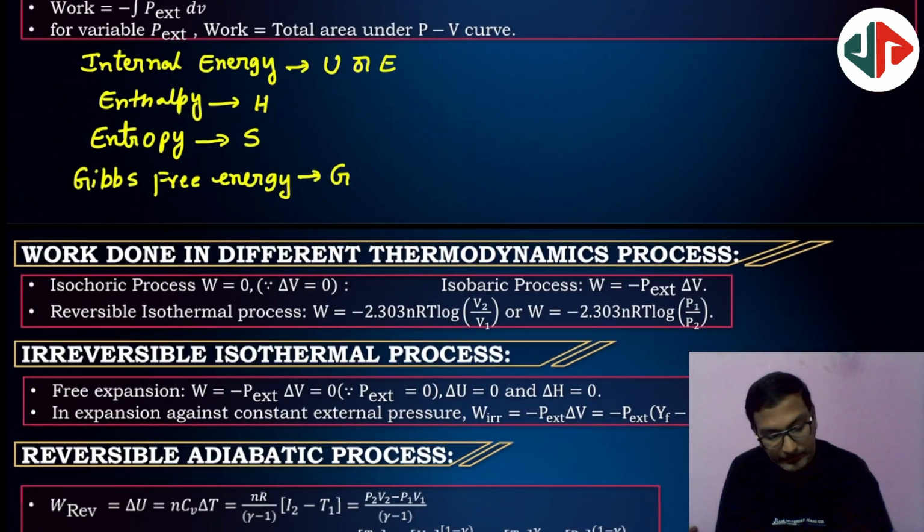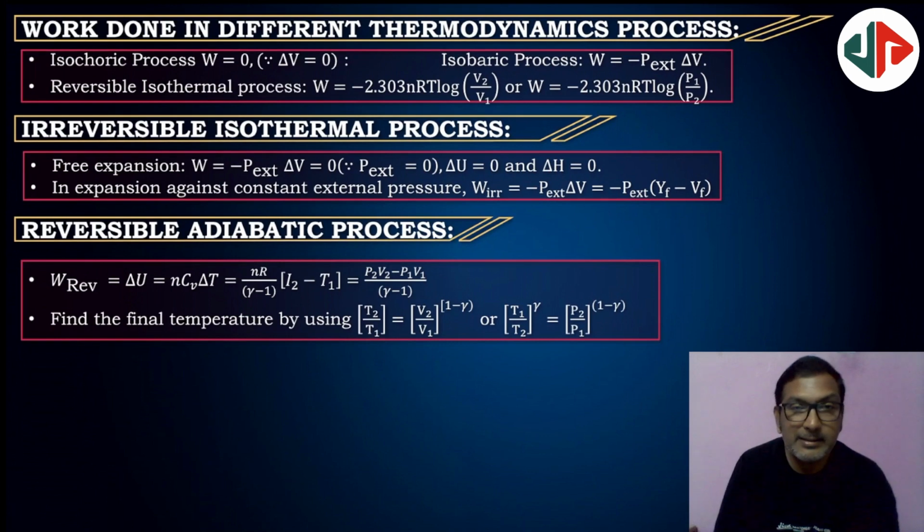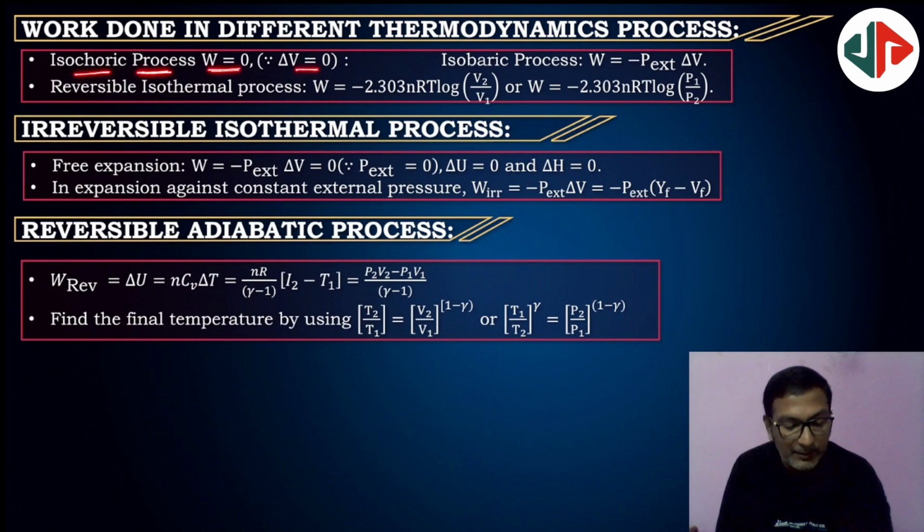Next, work done in different thermodynamic processes. First, isochoric process. Isochoric means constant volume, work will be 0. Isobaric process, constant pressure, that means P external into delta V. Direct formula.